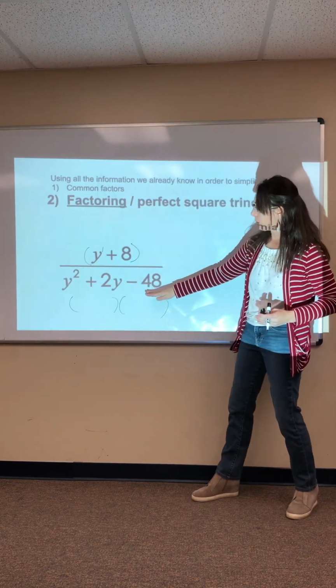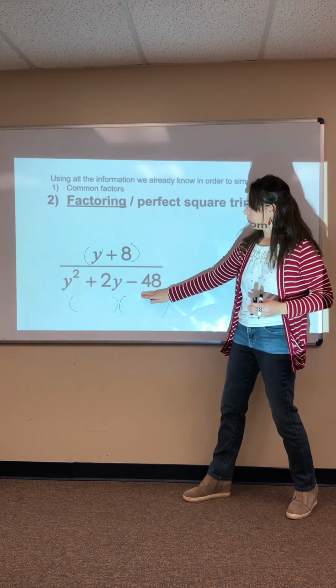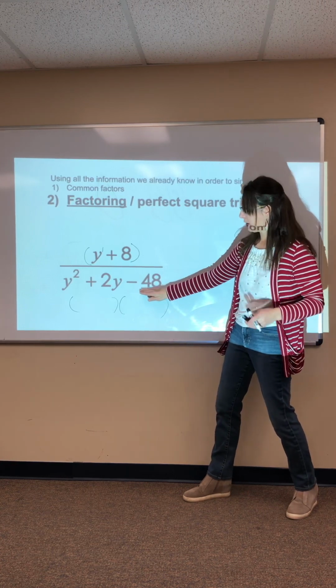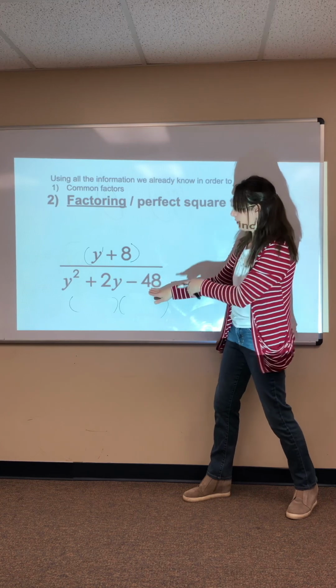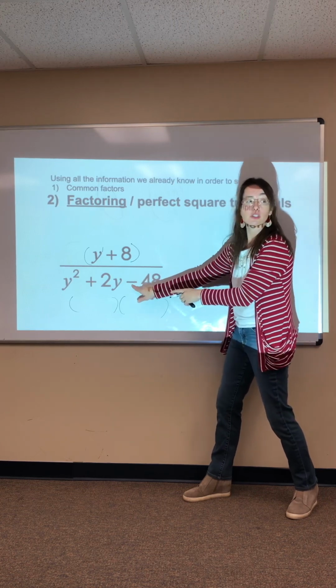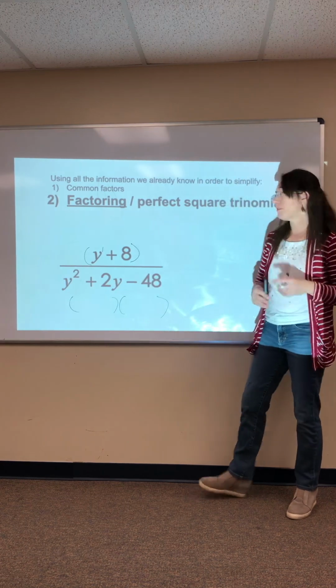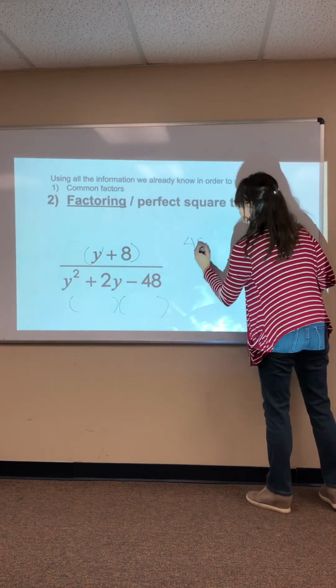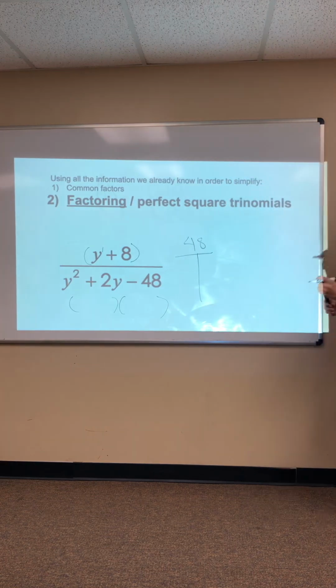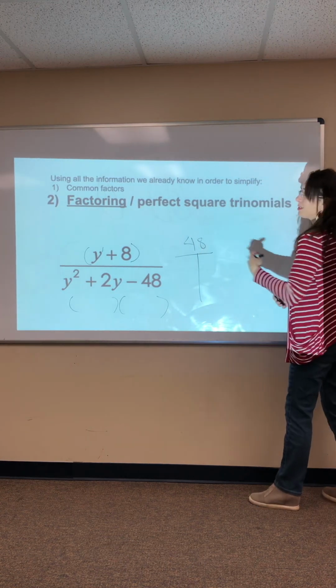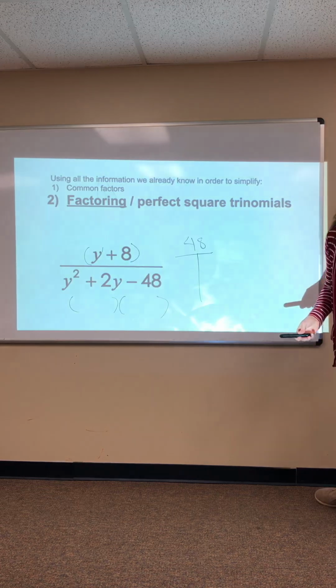So how do we read it backwards? It's what factors of 48 subtract to equal 2? What factors of 48 subtract to be 2? So let's do our T-chart for 48 like we did before. So 1 times 48 is obviously not going to work, right?